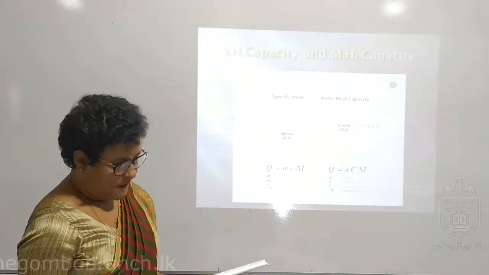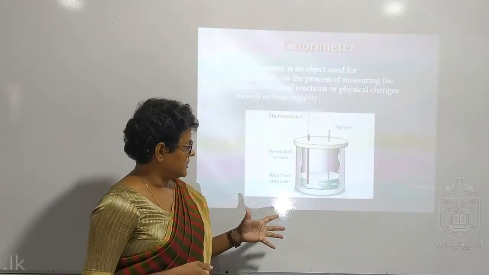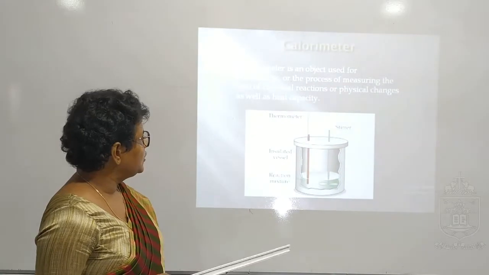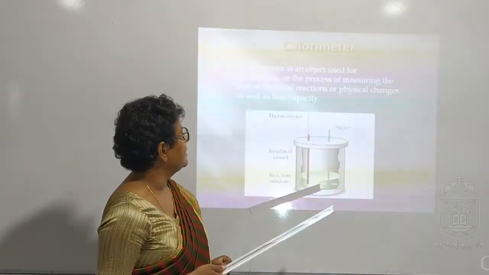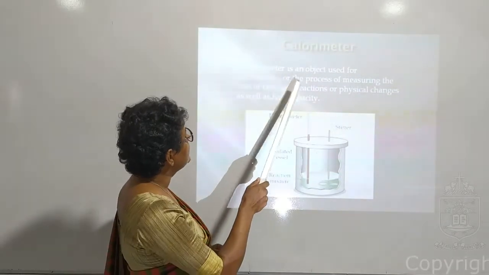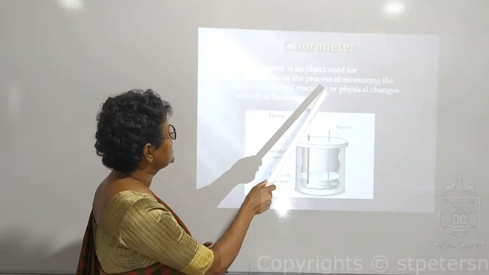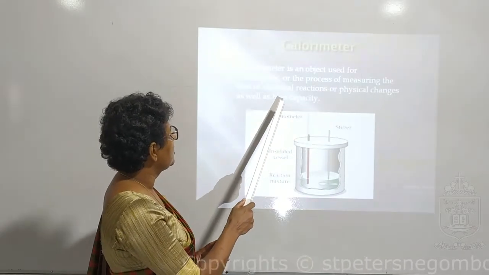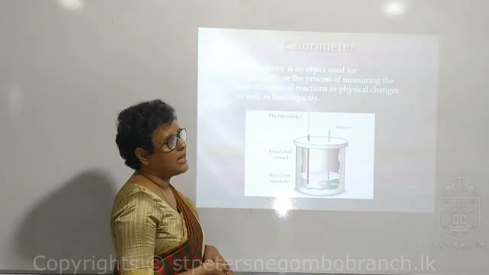Right? Now, calorimeter. We use this instrument to do our practicals in our laboratory. The calorimeter is an object used for calorimetry, the process of measuring the heat of thermal reactions or physical changes as well as heat capacity.